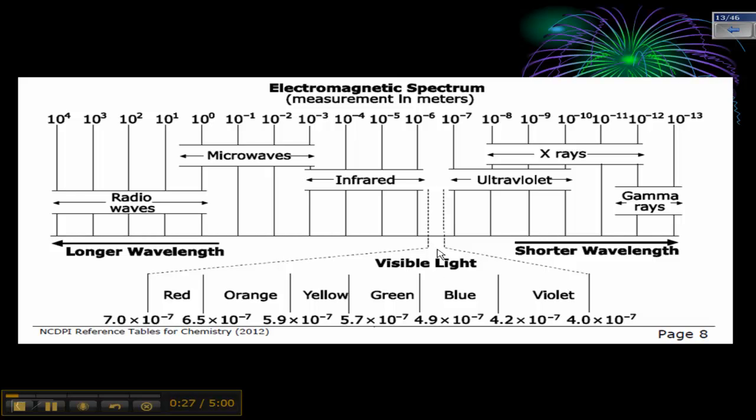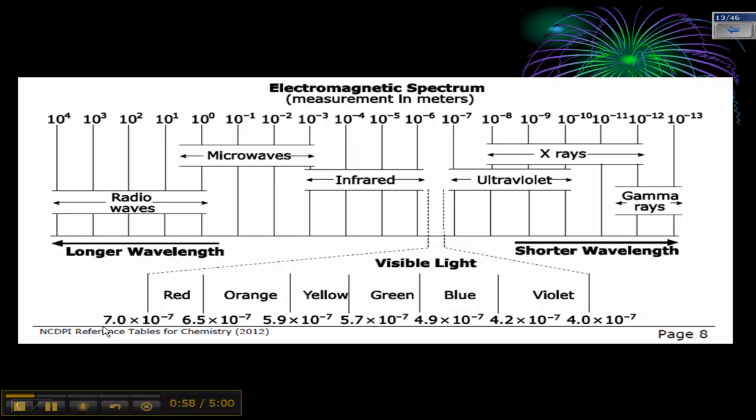So what we need to do is we need to notice here that they've made this measurement in meters down here on the bottom, but back up at the top our wavelengths are in nanometers. So the easiest way to do that is just to take your measurement down here, and we're going to ignore the times 10 to the minus 7, and we're just going to multiply this number here by 100. That's the quick and dirty way to convert from meters to nanometers on this scale, okay?